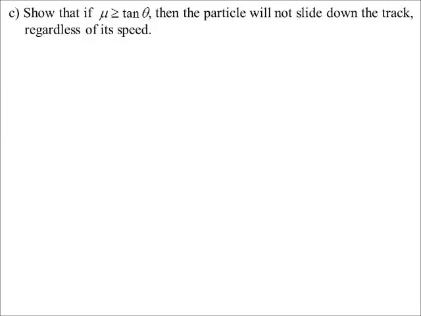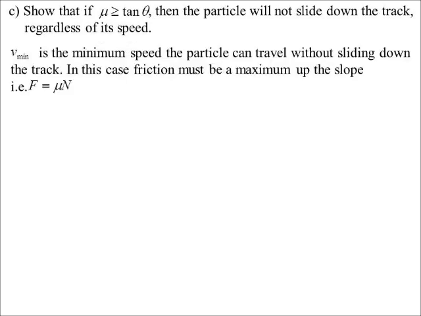If mu is greater than or equal to tan theta, we've got to show that the particle will not slide down the track, and it doesn't matter what the speed is. So what's the difference? We're now talking about minimum velocity. The only difference now is the particle wants to slide down. That means friction is acting up, so instead of being minus mu n, it'll be plus mu n.